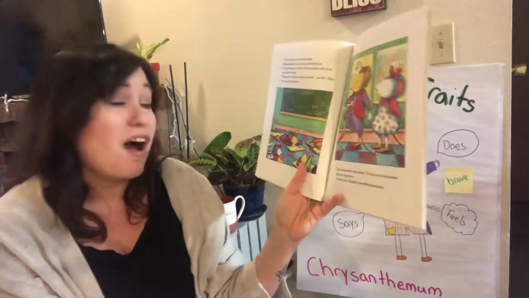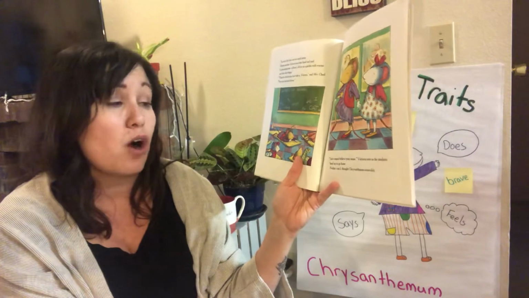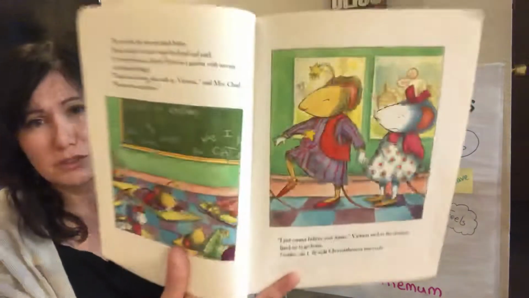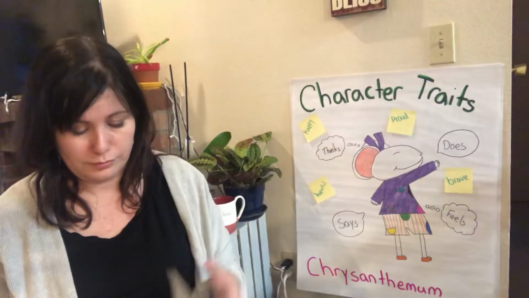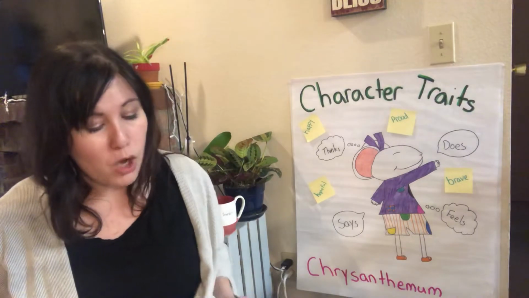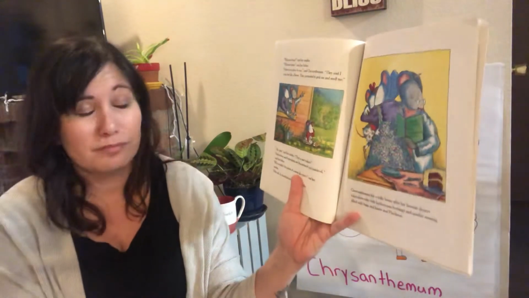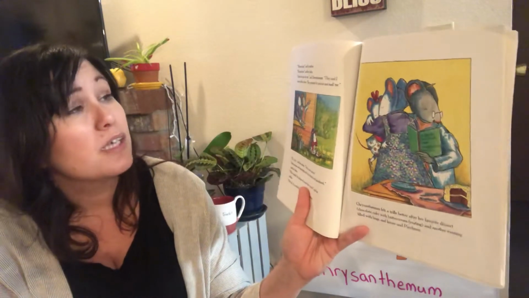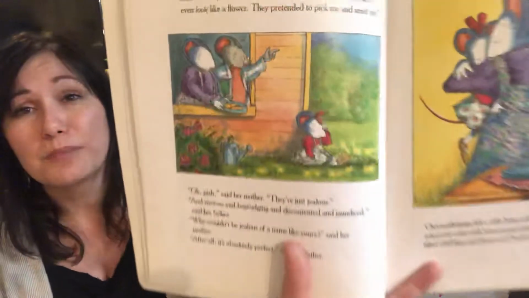"I just cannot believe your name," Victoria said as the students lined up to go home. "Neither can I," thought Chrysanthemum miserably. "Welcome home," said her mother. "Welcome home," said her father. "School is no place for me," said Chrysanthemum. "They said I even look like a flower. They pretended to pick me and smell me."